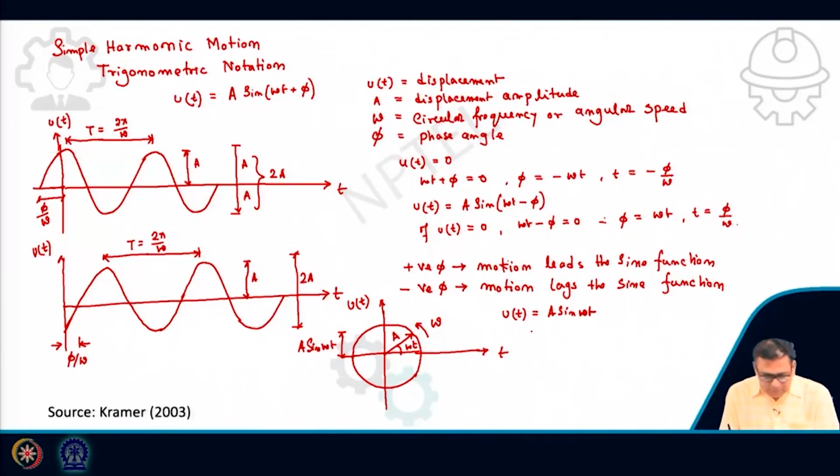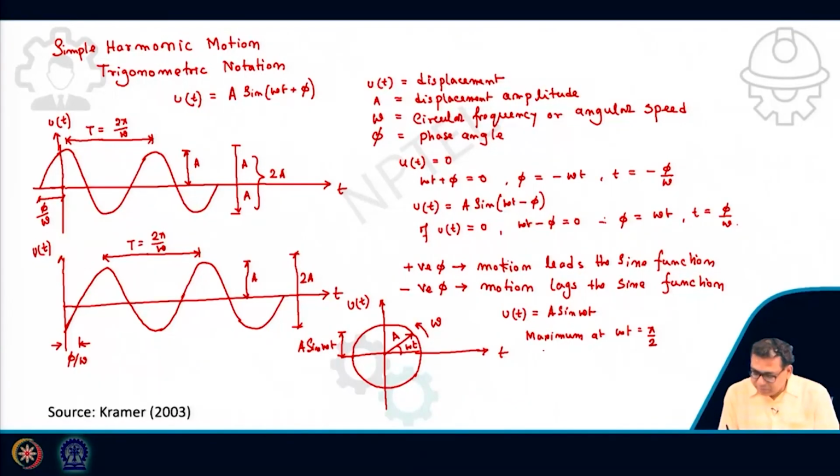You can see the maximum value will be at omega t is equal to pi by 2. At pi by 2 it will be maximum, because sine pi by 2 is 1. So the maximum value will be the amplitude A.